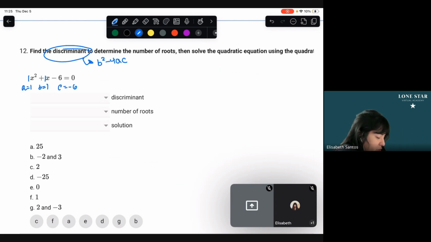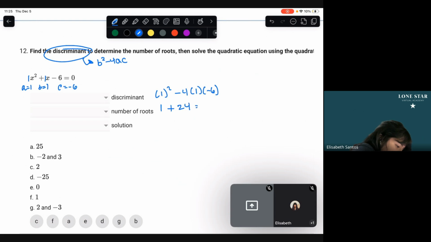So what's the discriminant? Well, just plug in our values. 1 squared minus 4 times 1 times negative 6. That gives us 1 plus 24, which is 25.